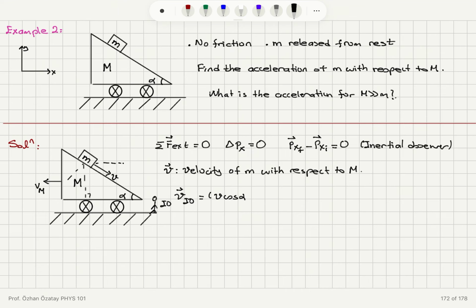And because it's on this reference frame which is moving with velocity vM to the left, it is v cosine alpha minus vM, in the I hat direction.